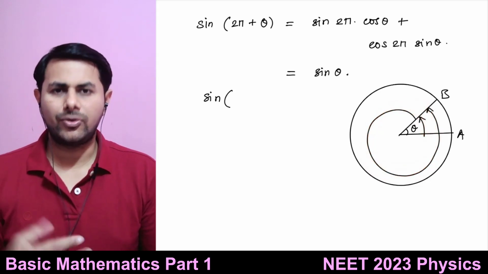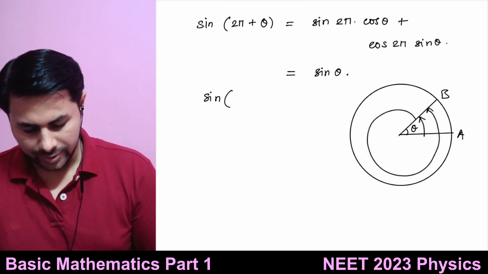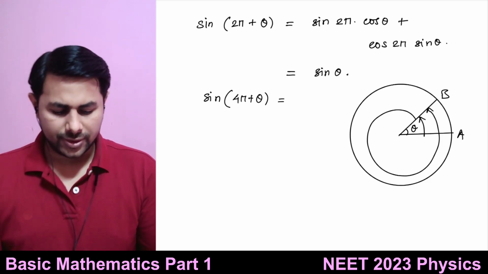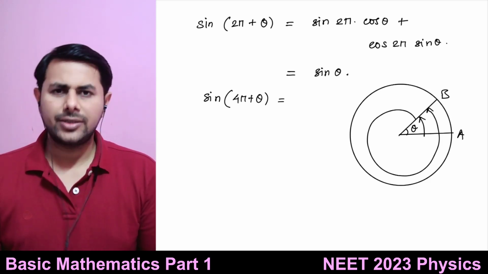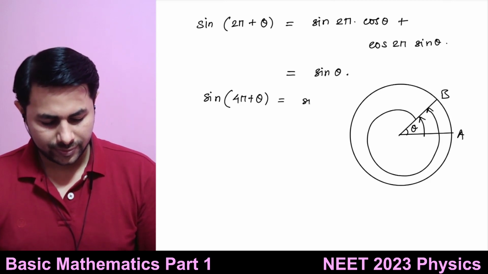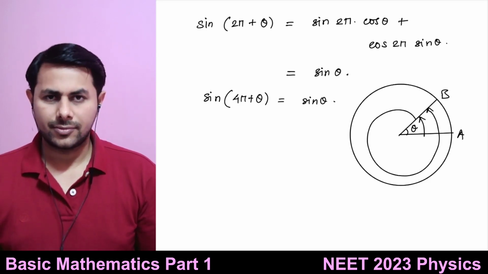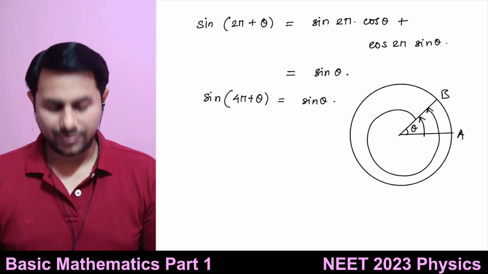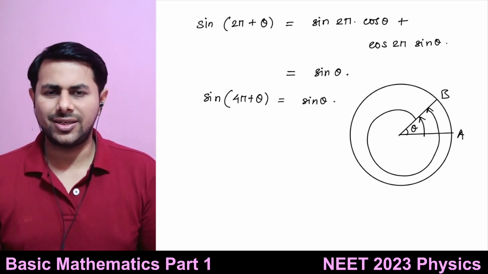So that will be 4 pi angle. So it is 4 pi plus theta, and that's equal to just sine of theta, because sine of 4 pi is also equal to 0. Is this thing clear?